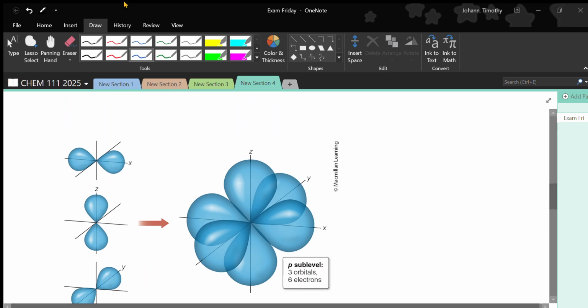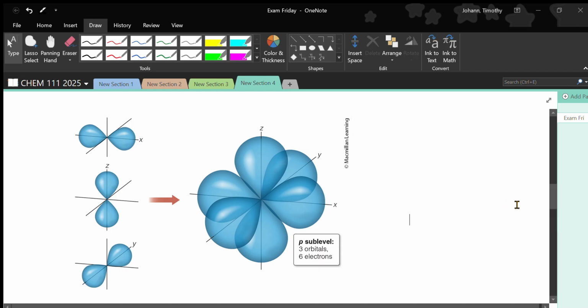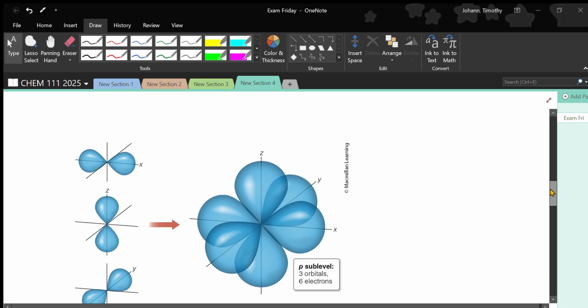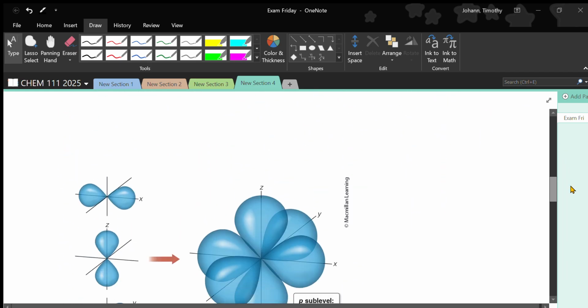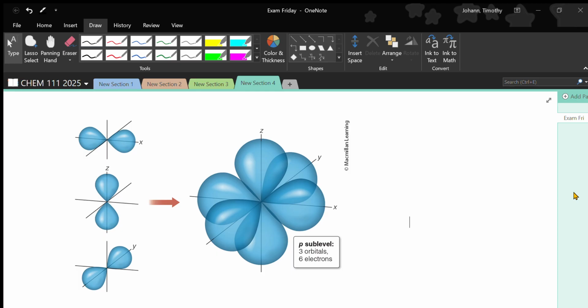So this is an example right here. This is a p orbital. Okay, so it has quantum number l equals 1, right? So a p sublevel, which is a sub-energy level you could think about, is a combination of 3 p orbitals.